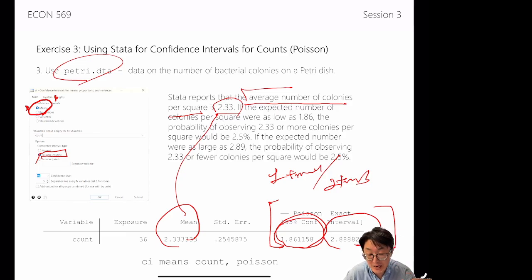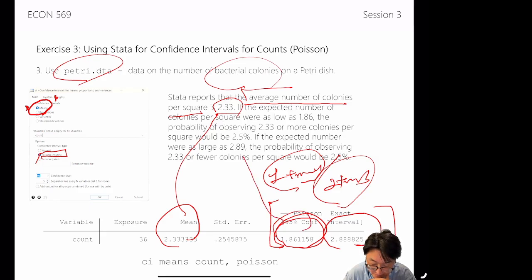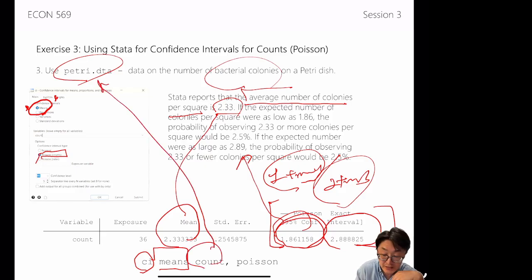If you run this kind of test 100 times, then in usually 95% of your trials, you will see either 1 or 2 bacterial colonies on your Petri dish. And same thing, your confidence interval and your interest is just the average, not proportion. But now this is a count variable. So for the Petri data, you can see the count variable name, and then you just need to assign the Poisson option here.